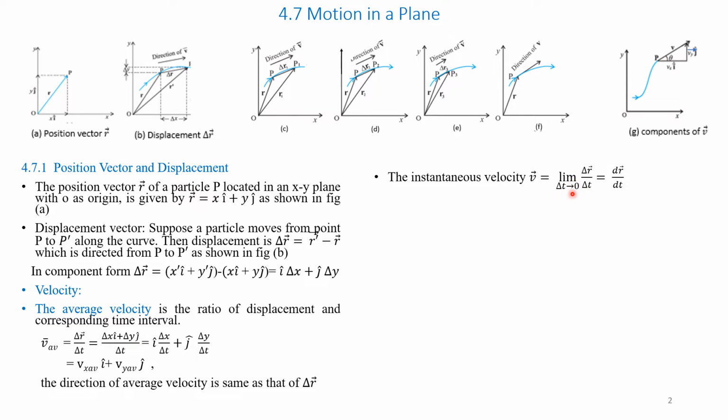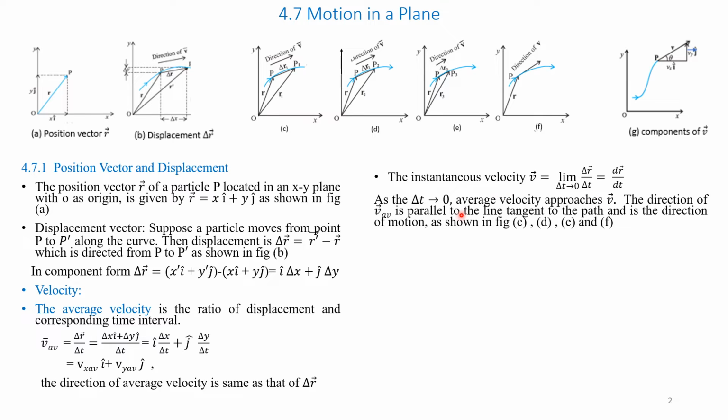So the limit of delta t tending to 0 of the average velocity is the instantaneous velocity, and it is written as dr by dt, that is the differential of displacement r. As delta t tends to 0, the average velocity approaches instantaneous velocity.